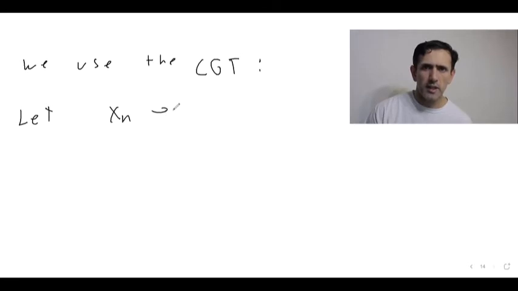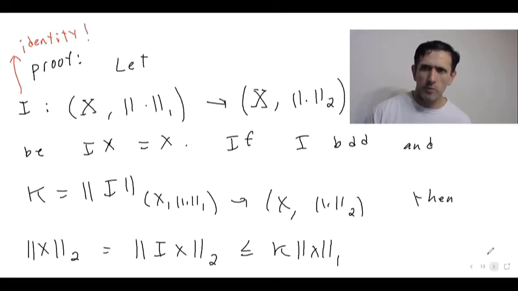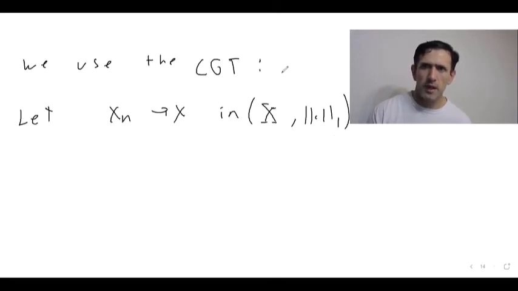So let's say xn converges to x. Let's be a little careful. This is in the 1 norm. I don't want to get my norms mixed up. It's very easy to do that because the proof is a bit abstract. It's very easy to prove nonsense when doing abstract stuff.